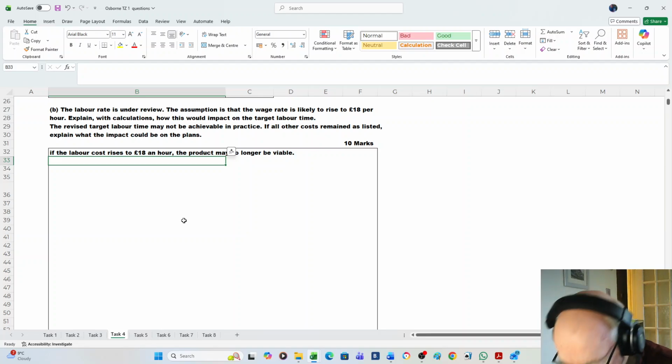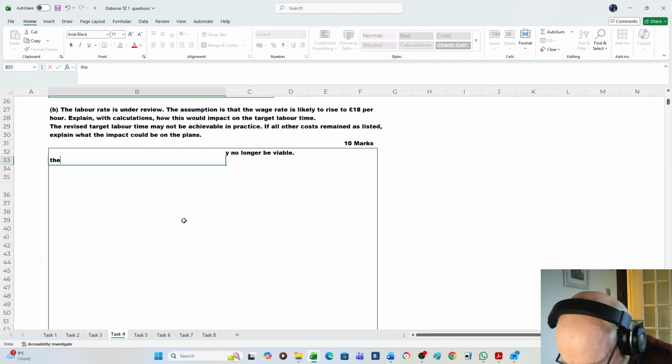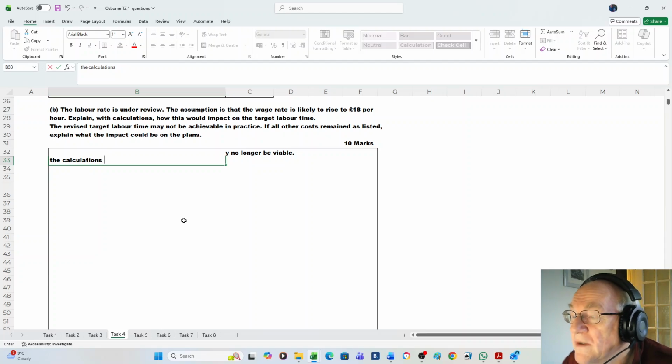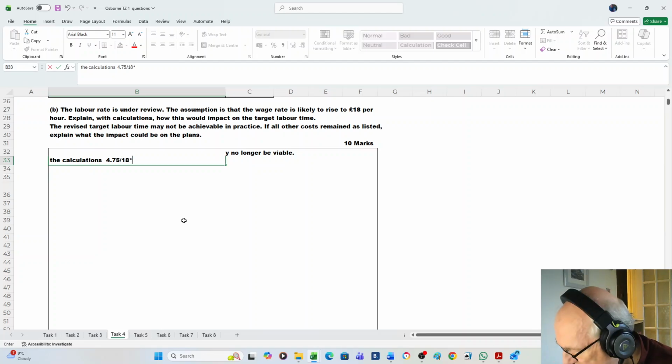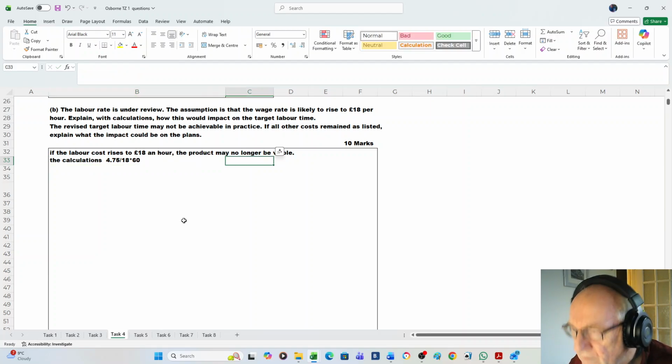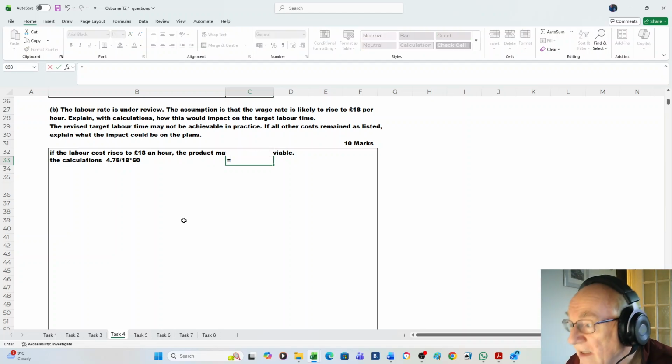So the calculations. What did we do before? Well, okay, we did £4.75. 4.75 over 18 times 60. And that one is, well, I might as well actually put it in because we're on the spreadsheet.